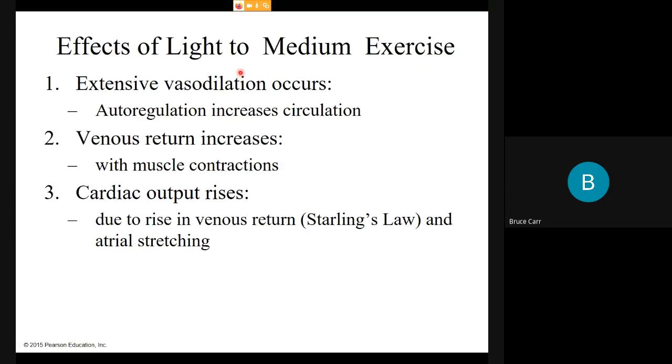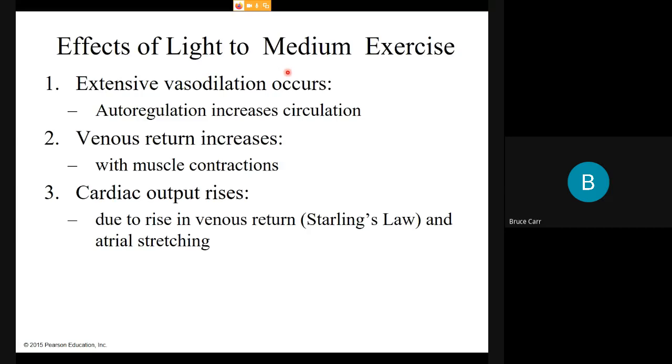Light to medium means perhaps anywhere from a nice walk around the block to a regular workout that demands higher levels of exertion, or even a work exercise that demands that you contract your muscles at higher level.